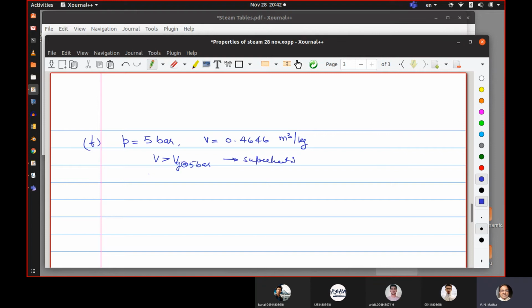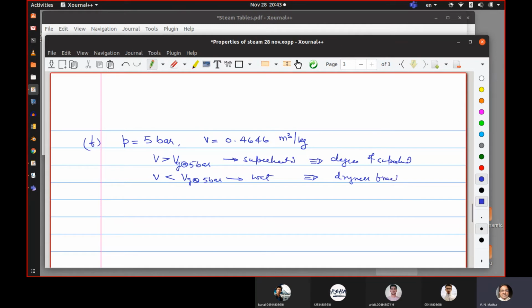And if this given volume, which is 0.4646, is less than volume of gas at 5 bar, then we will conclude that the steam is wet. In this case, we will try to find out degree of superheat, and if it comes out to be second case, then we'll find out dryness fraction.